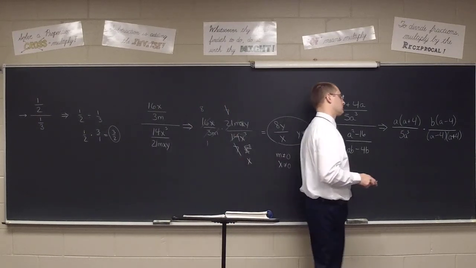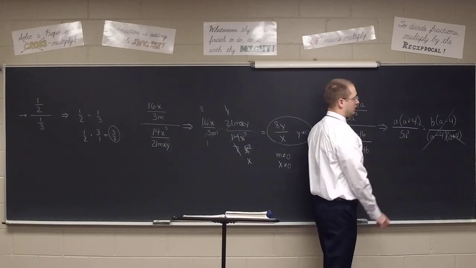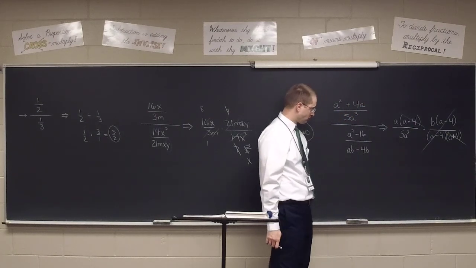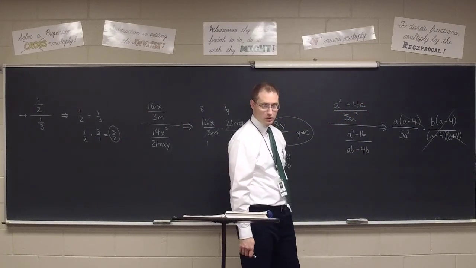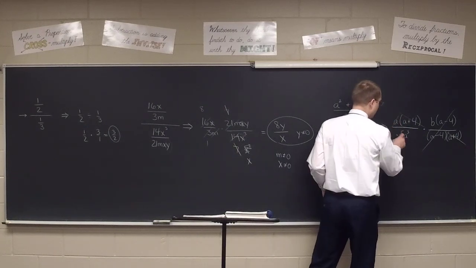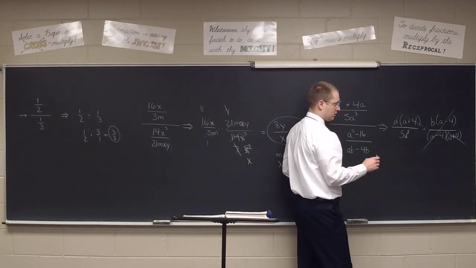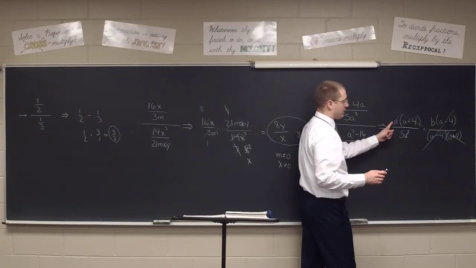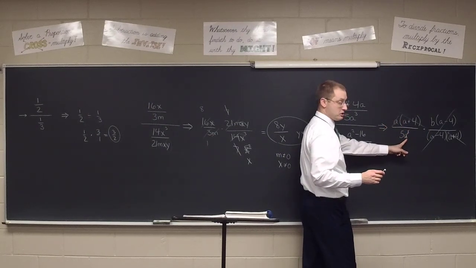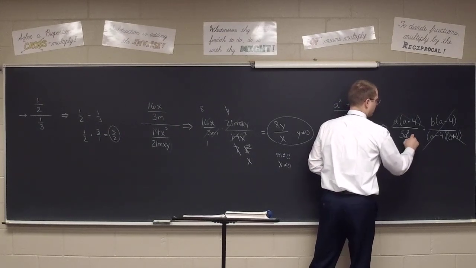A plus 4, a minus 4. The a on the 5a cubed and the a on the top. And that's it. Well, but when we cancel this a in the top with the a cubed in the bottom, it leaves us with 5a squared in the bottom.